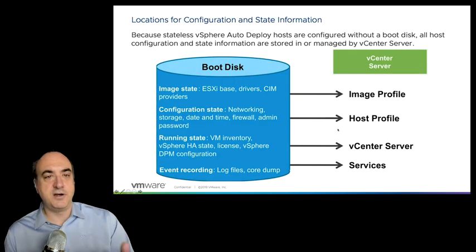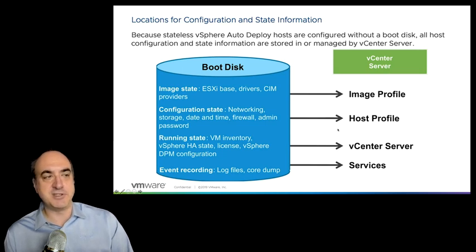Now, since the host traditionally will not have local storage to store the configuration settings, it's all in memory, right? Well, there may be things that we want to make sure are stateful elements, right? So things just to be aware of are the locations of the configuration and the state information. Where has this all been replaced? Because what normally would have been on the ESX server boot drive now needs to be stored somewhere else.